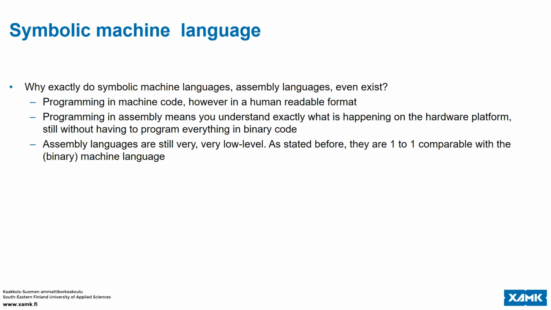Programming in assembly means you understand exactly what is happening on the hardware platform, still without having to program everything in binary code. Assembly languages are still very, very low level, so they are one-to-one comparable with the binary machine language and its features.